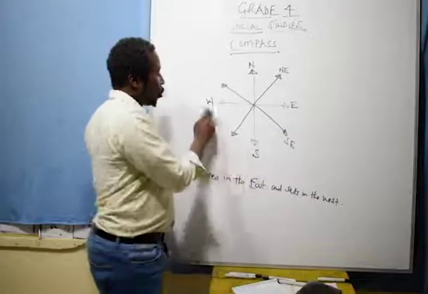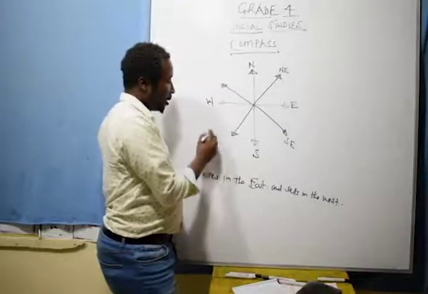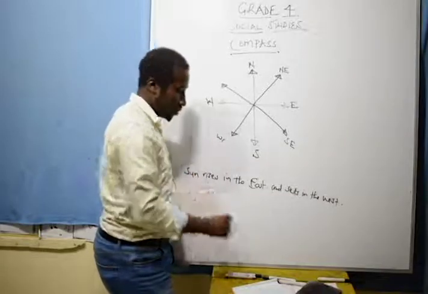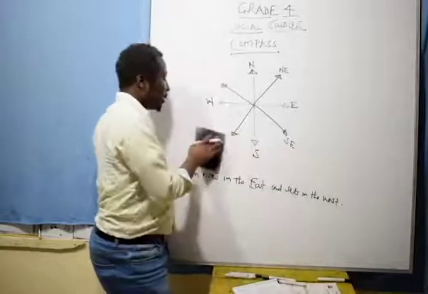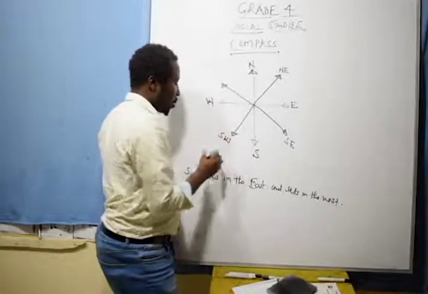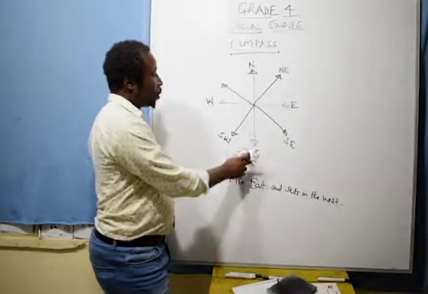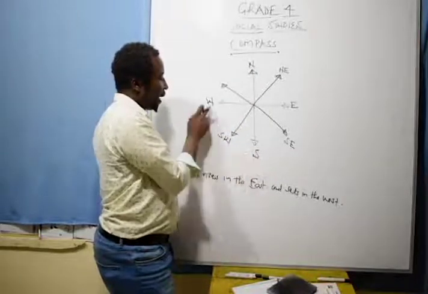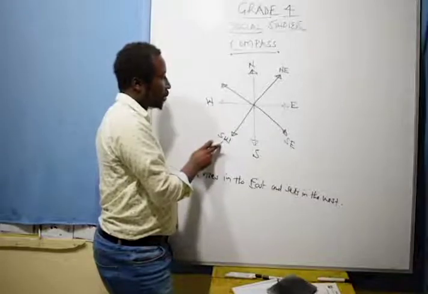Now, between west and south, is our direction west-south? Is there anything like that? No. Our direction should be south-west. Why? We take between north and south, which direction is near? South. So we take south and west. So that direction is south-west.